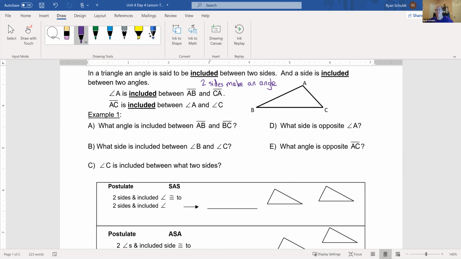On the flip side of that, segment AC is included between angle A and angle C. So in our geometry terms, we could say one ray makes a side.